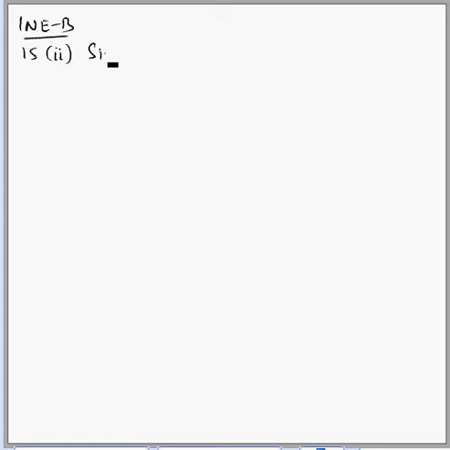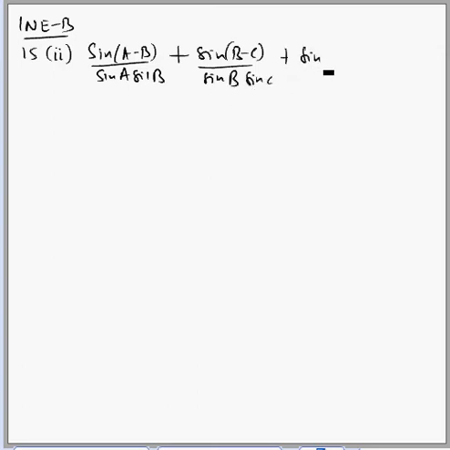We have to show sin(A minus B) divided by sin A sin B, plus sin(B minus C) divided by sin B sin C, plus sin(C minus A) divided by sin C sin A, is equal to 0. Now if you just look at this expression, we should be immediately able to recall this trigonometric formula.